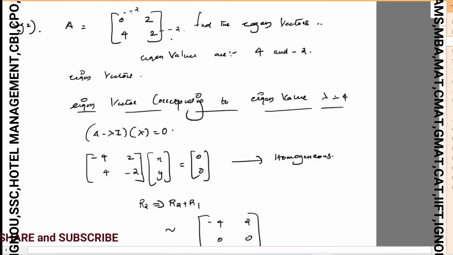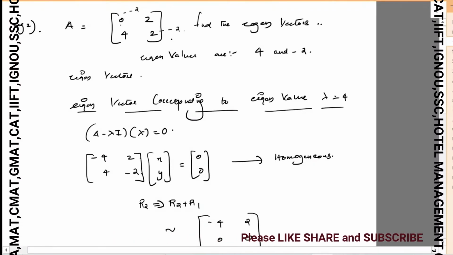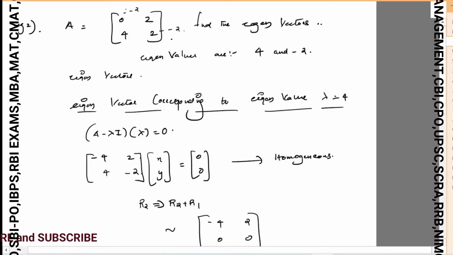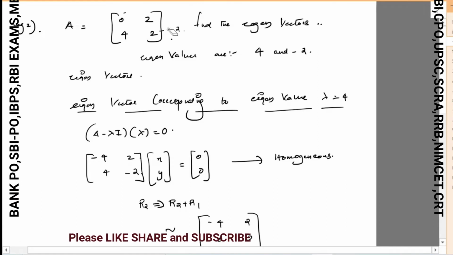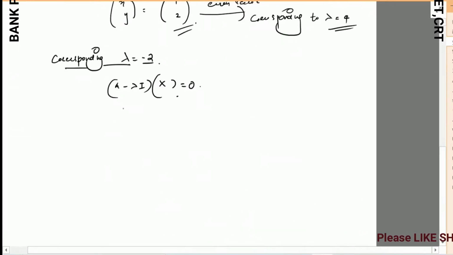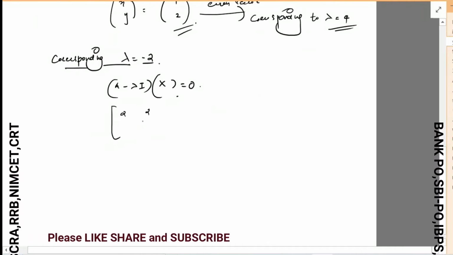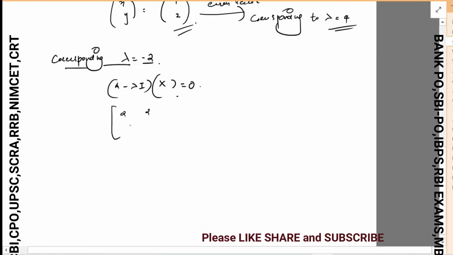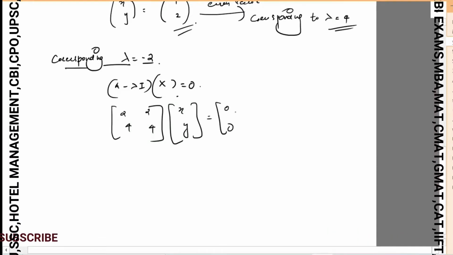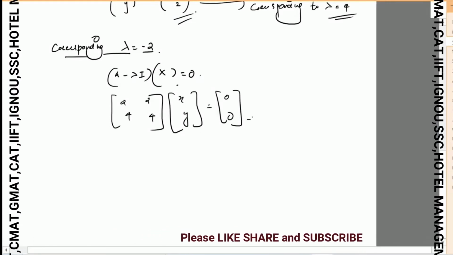Minus minus 2, which is plus 2. 2, 4, 4. That will be A minus lambda I. Now reduce it into echelon form.